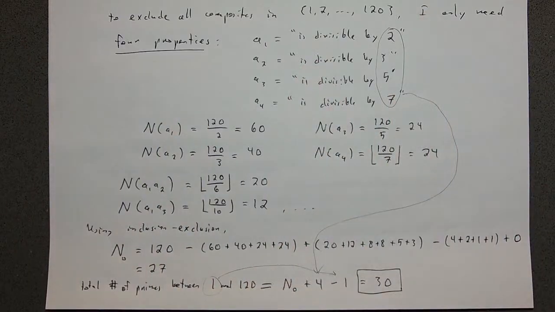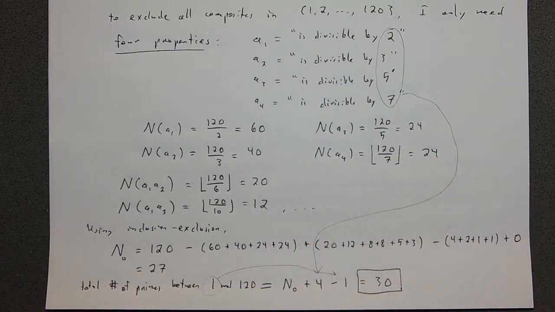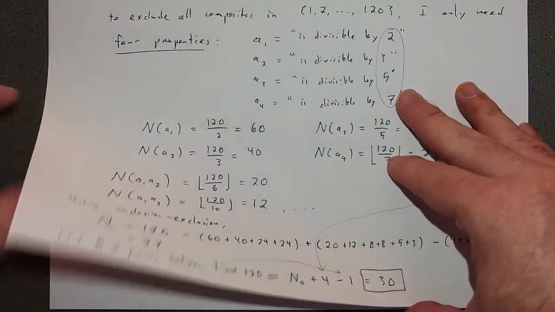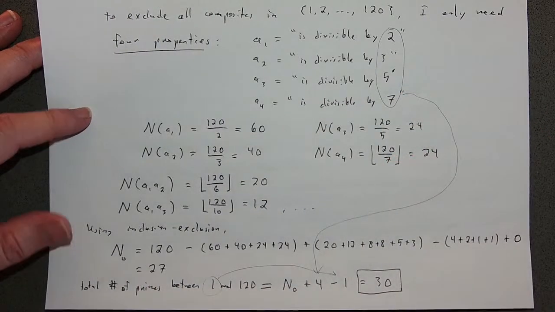So that's just something you're going to have to look for. This is a very standard application of inclusion-exclusion. This is something you will likely need to do in homeworks involving this, for instance. Okay.